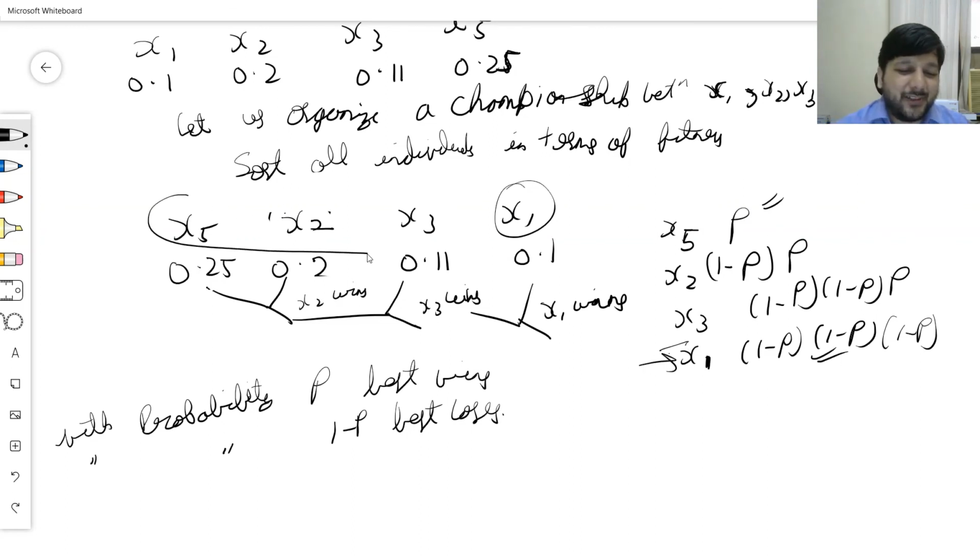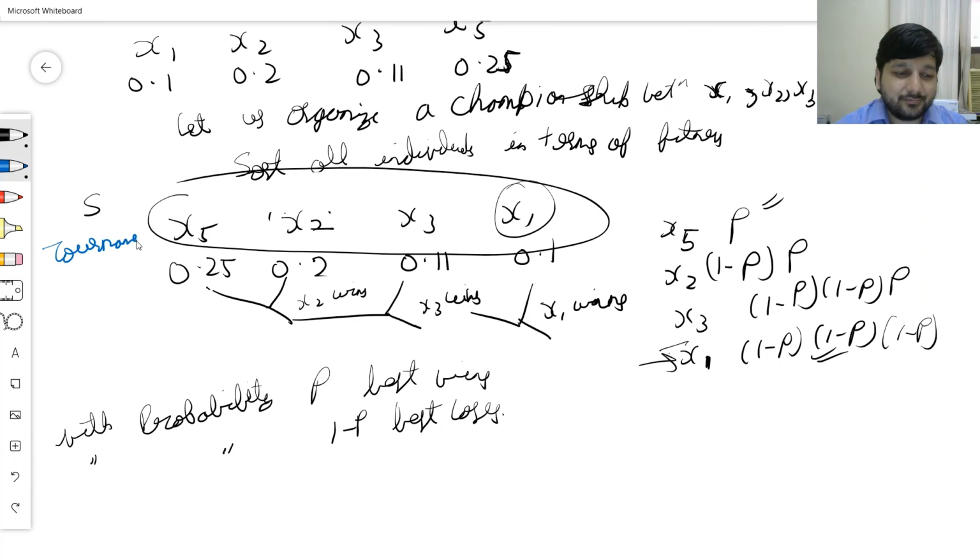And the number of individuals here is S, which is called the tournament size. If you take the size of the tournament as extremely large, then mostly the same fittest individual will get selected multiple times.